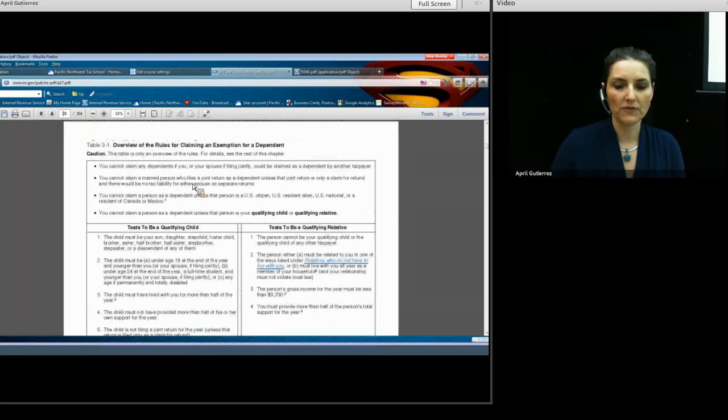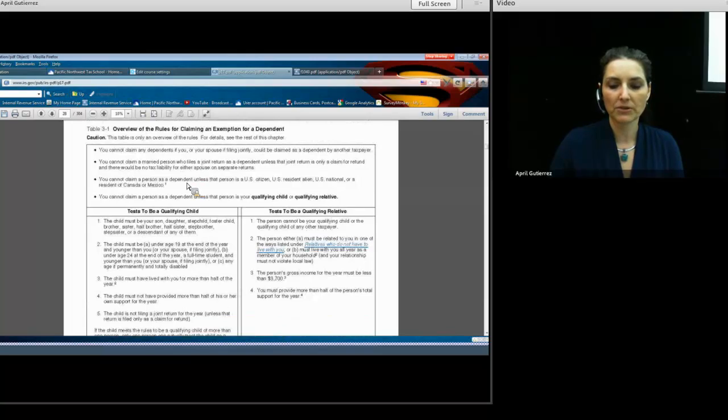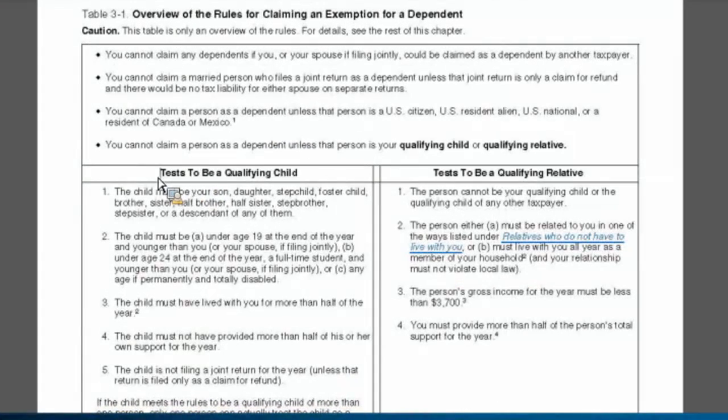So this is the overview of rules for claiming an exemption for a dependent. And you can see that there's tests to be a qualifying child, there's tests to be a qualifying relative. And what you do first, before you even get to these tests, is you look up top. You cannot claim any dependents if you or your spouse, if filing jointly, could be claimed as a dependent by another taxpayer.